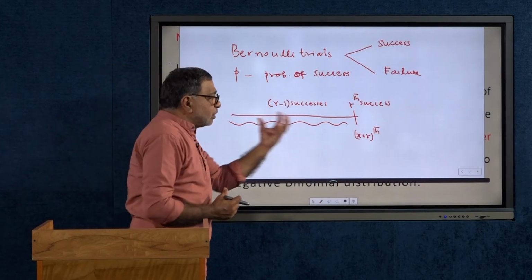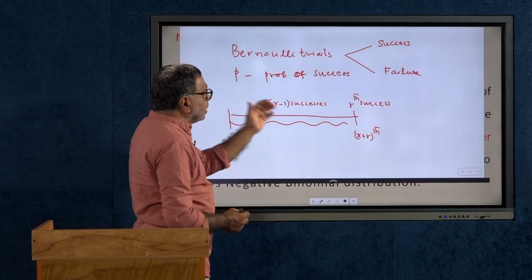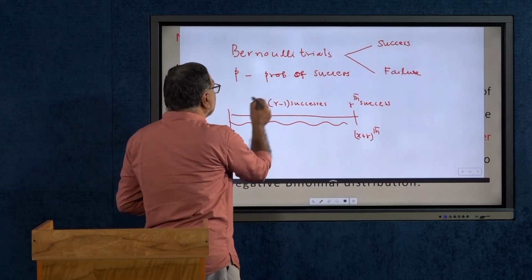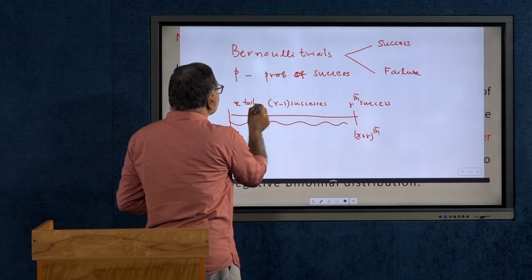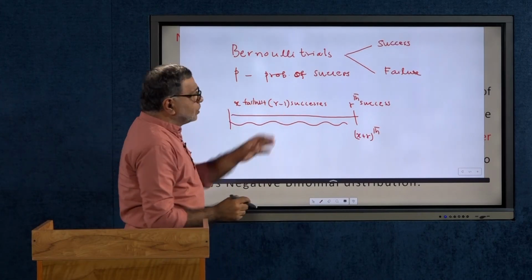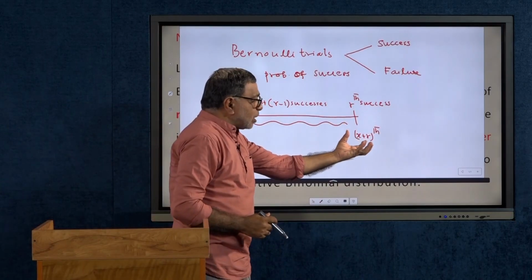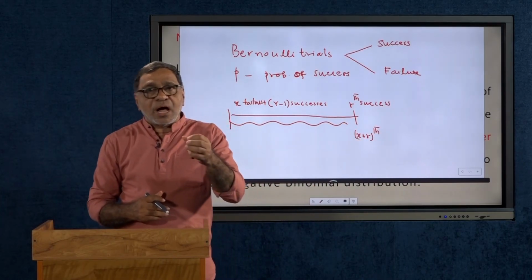And before that, starting from here, we have r minus 1 successes, and of course we have x failures. So, consider this is the x plus rth trial, and that trial resulted in the rth success.